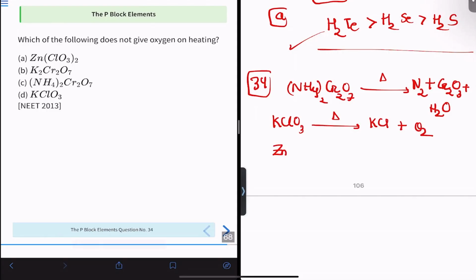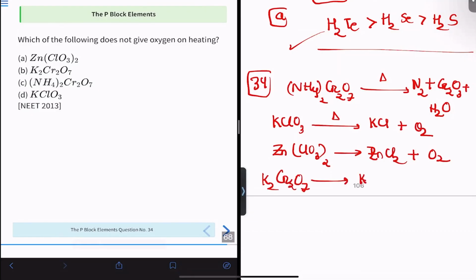When you heat zinc chloride, it will give ZnCl2 plus oxygen. Then when you heat K2Cr2O7, it will give K2CrO4 plus Cr2O3 plus oxygen.